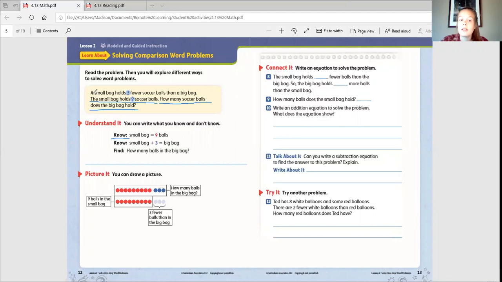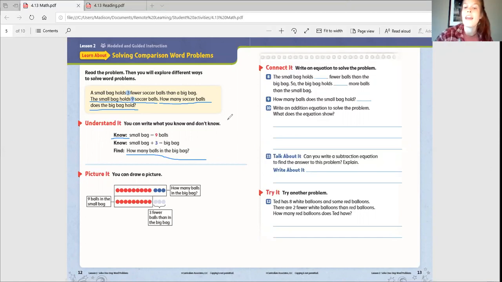And we know that because up here it says a small bag holds 3 fewer balls than the big bag, which if it holds 3 fewer, that means there are 3 less, and the big bag has 3 more than the small one.